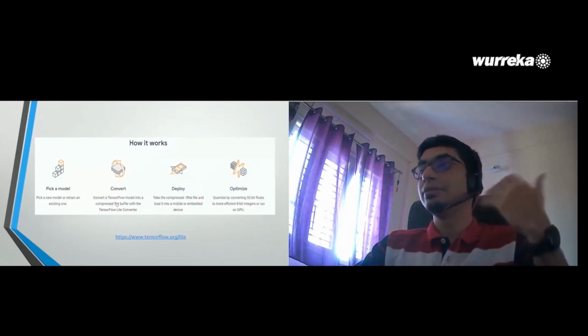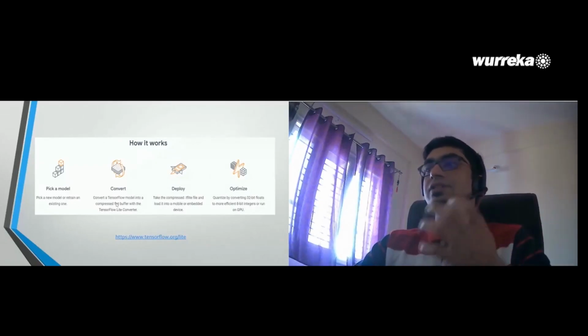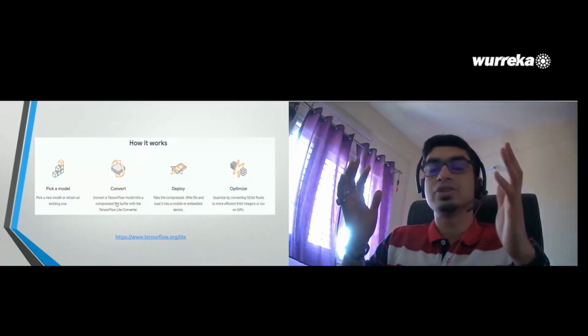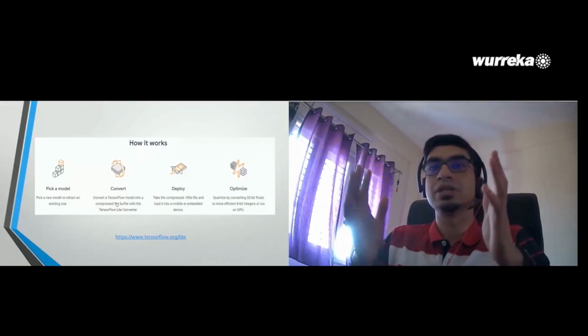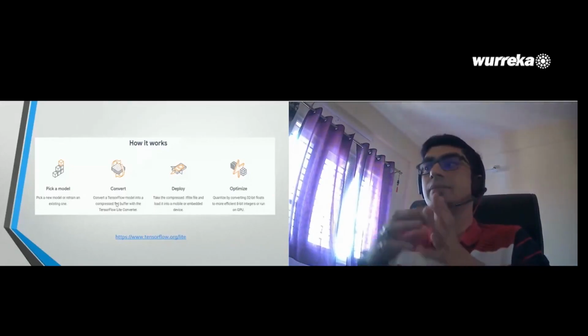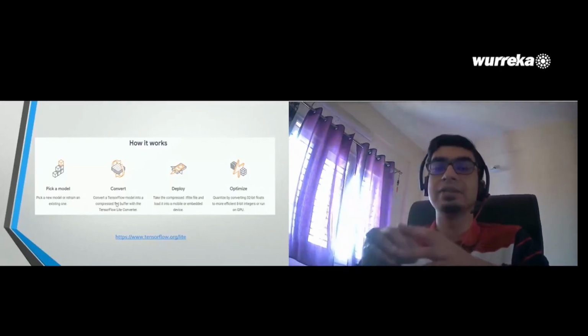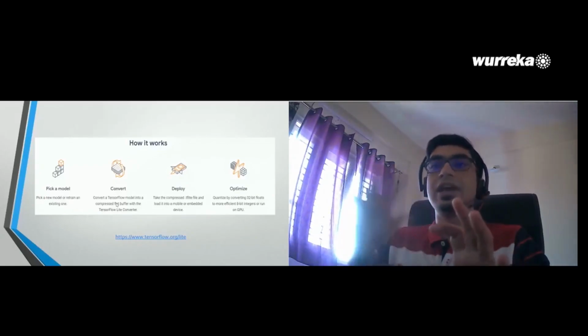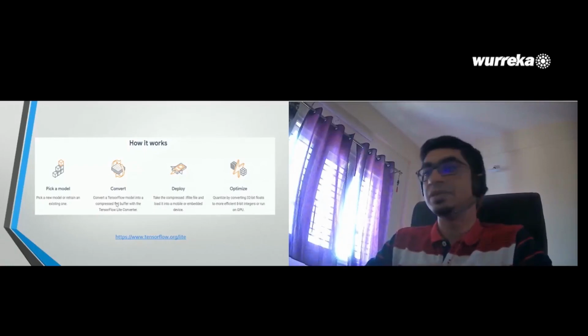Then the usual TensorFlow model is further compressed, so that both the memory and the computational operations get squeezed to a great extent, yet the key weights and features of the model are preserved, so that it doesn't affect the final end performance that we want.